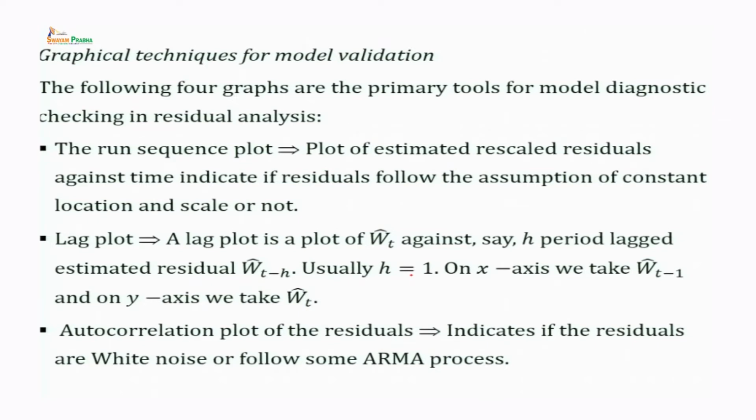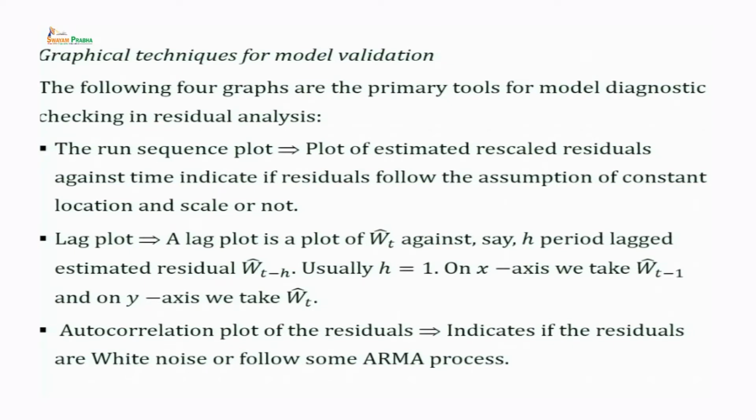So, we plot W hat t minus 1 against W hat t, with W hat t minus 1 on the x axis and W hat t on the y axis. By looking at the lag plot, you can identify whether your residuals are randomly distributed or not.